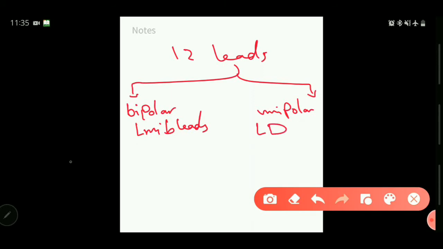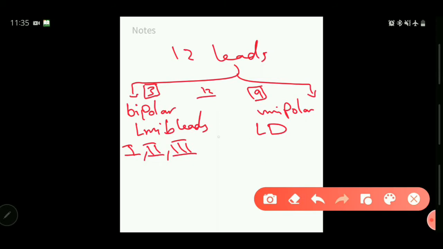The bipolar limb leads are 3, and the unipolar limb leads are 9. 9 and 3 are 12, right? The bipolar limb leads are lead number 1, lead number 2, and lead number 3.